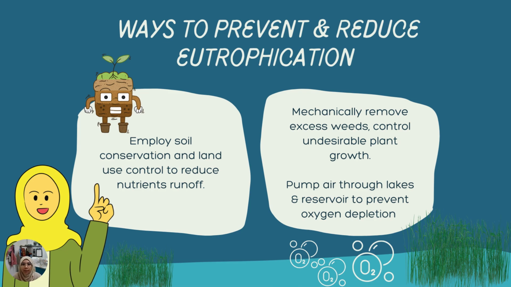Thirdly, employ soil conservation methods and land use control to reduce nutrient runoff. And lastly, mechanically remove excess weeds and control undesirable plant growth, and then pump air through lakes and reservoirs to prevent oxygen depletion.